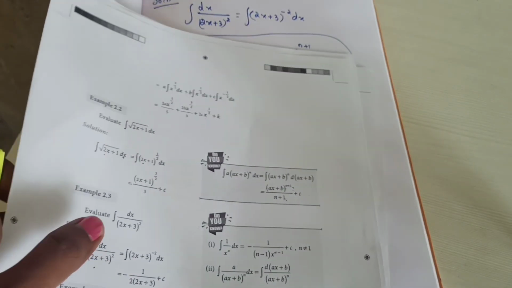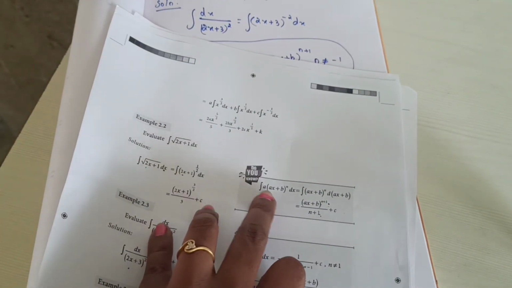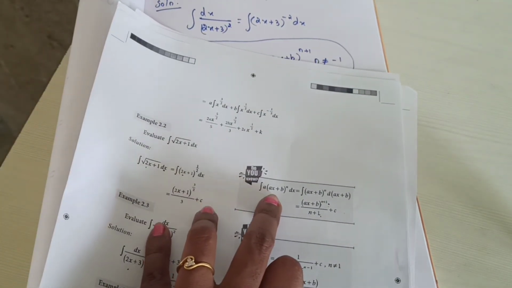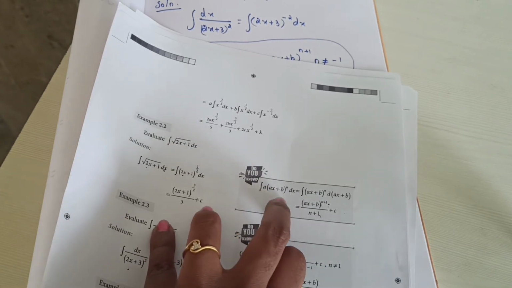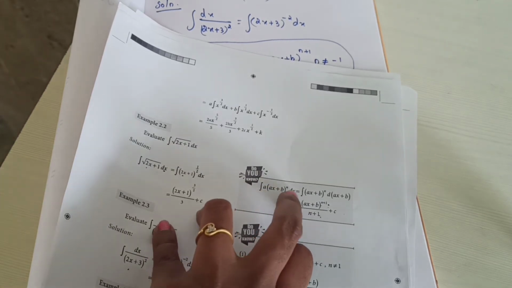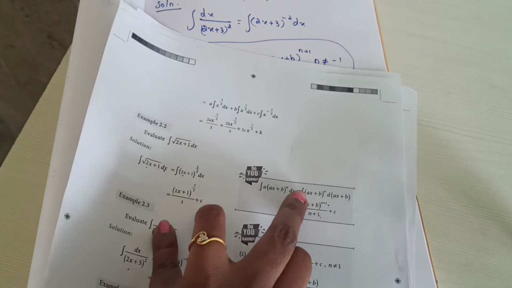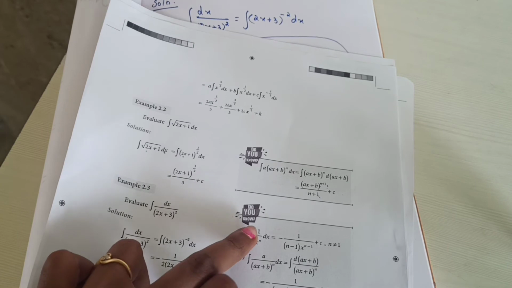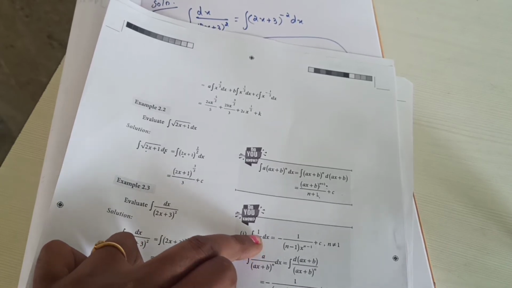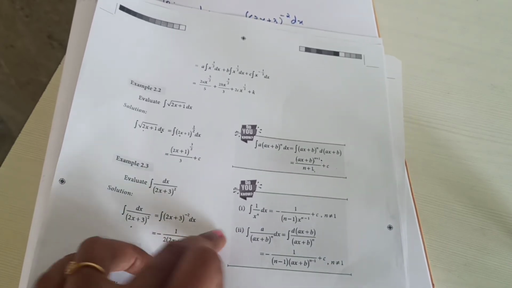Okay. So now listen here, some formulas are there, just go through and study this. Integral of a into (ax plus b) the whole power n dx. If any question is given in this form, we will write like this, that is (ax plus b) the whole power n plus 1 divided by n plus 1, plus c. Then integral of 1 by x power n, till now we are not using in any question, if we need we will use, that's all.